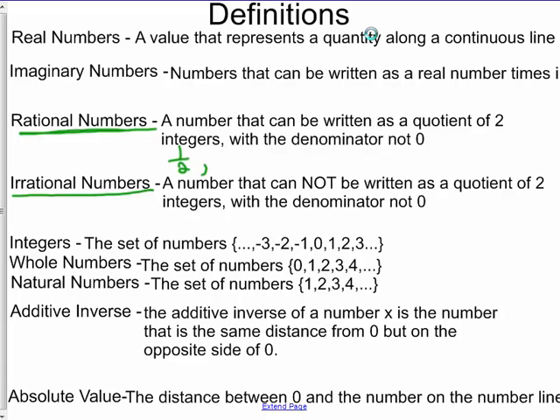A rational number is a number that can be written as a quotient of two integers. So basically, like we said, 1/2, 3/4, those would all be considered rational because it has a quotient dividing two integers. 1/2, 3/4, negative 5/8 would all be considered rational numbers.